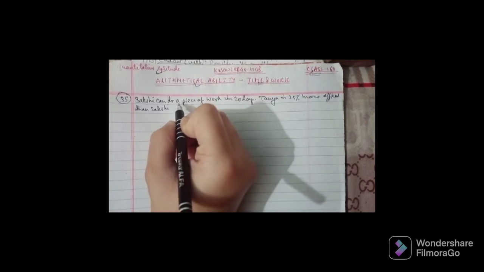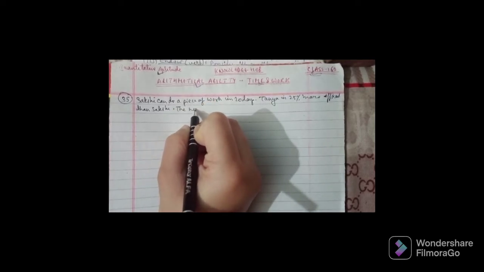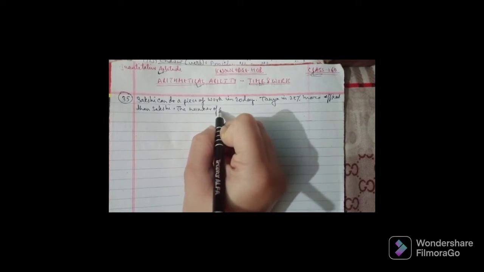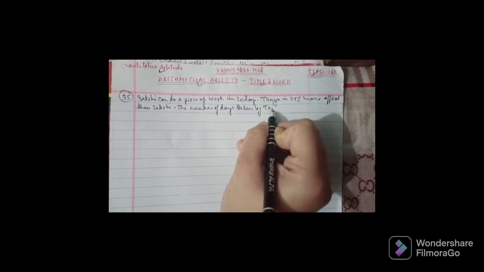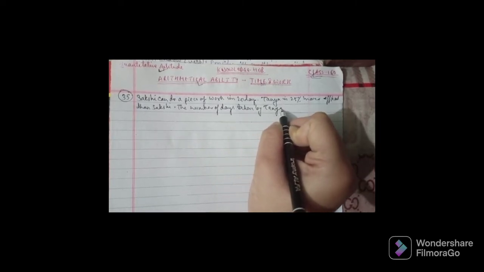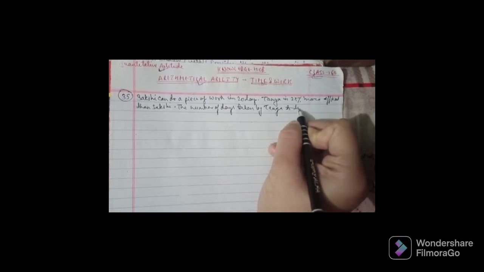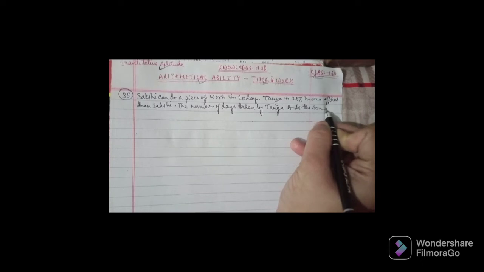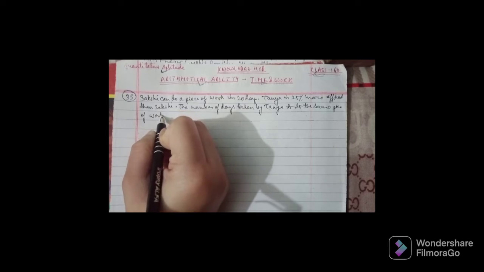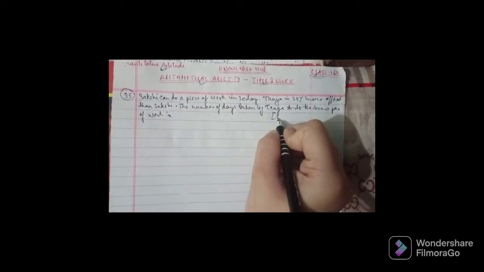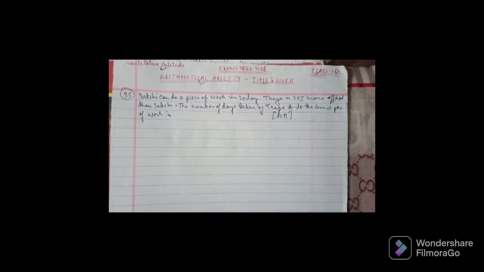The number of days taken by Tanya to do the same piece of work is? This has been asked in hotel management. So the options we have, as I told you, are 15, 16, 18 and 25. We'll go for the same.